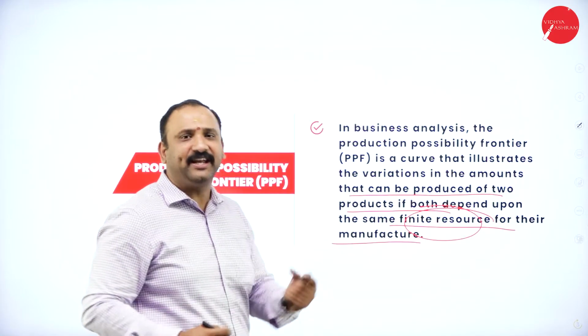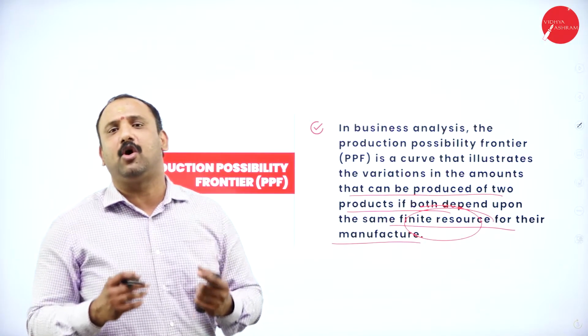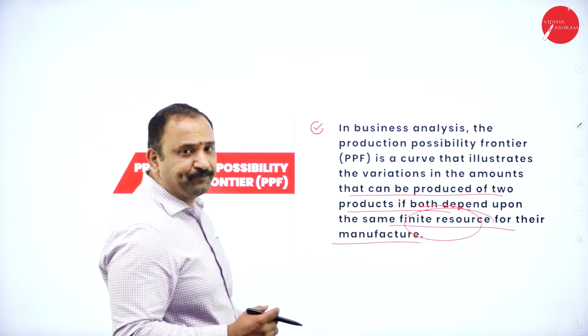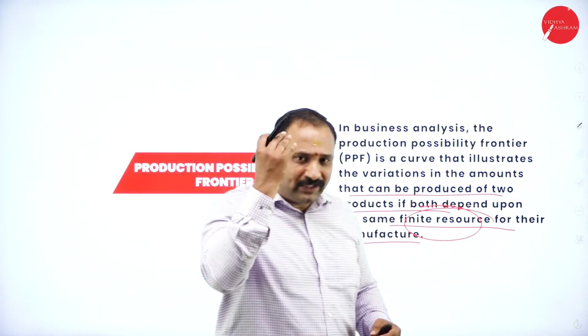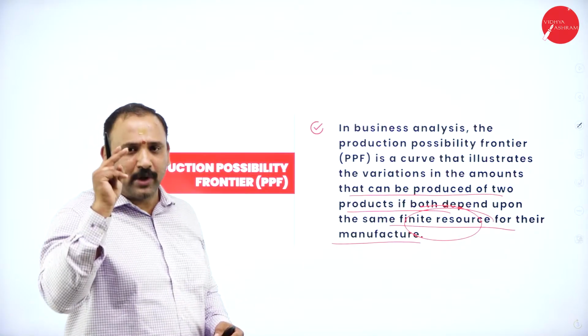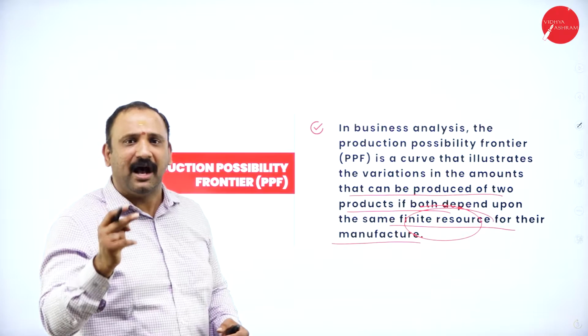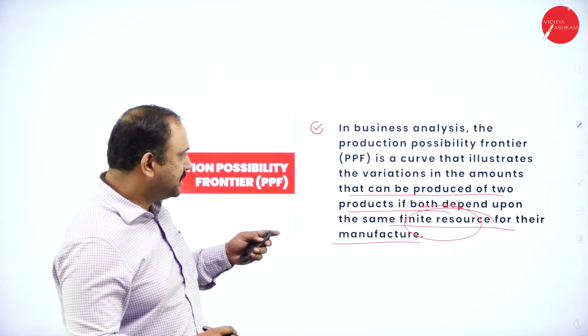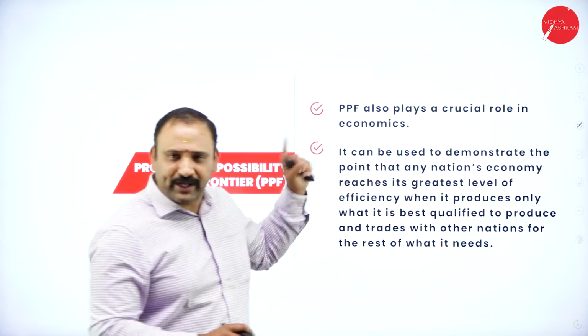You have to be very calculative in terms of producing the variation. So if you're going to produce two kinds of product from the same finite resource, you will have to be very careful about the option of inputs that you are going to use. Now, moving further, this plays a very crucial role.